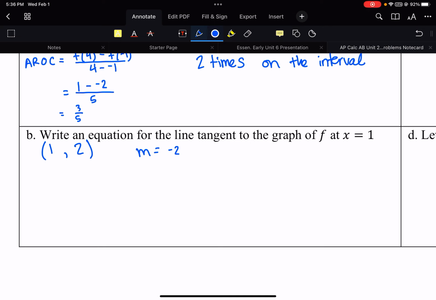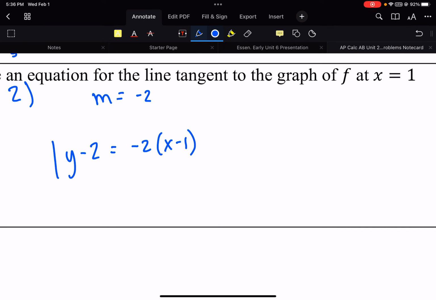Once I have that, it's easy sailing. y minus y1 is equal to m times x minus x1. Don't worry about rearranging it. This is a free response, so just leave it like that. Just so you know, for this one, it's only worth 1 point. You get 1 point for this, so make sure that you get all those pieces right.